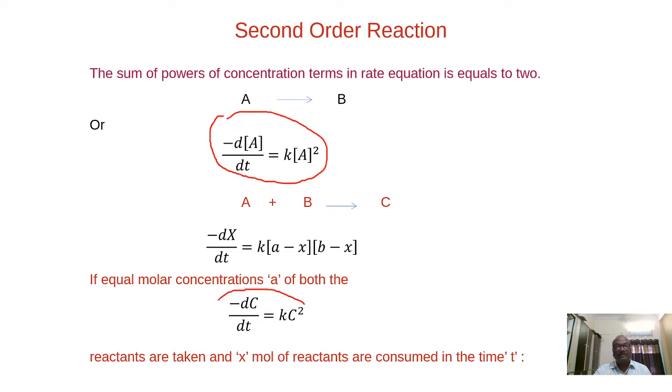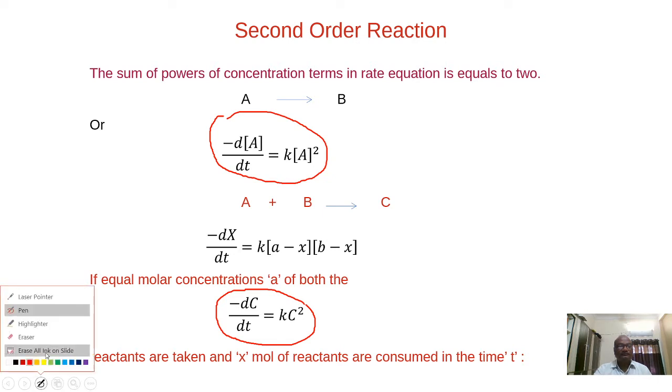Instead of concentration of A, now we are writing C. Here x moles of reactant is consumed in the time t.